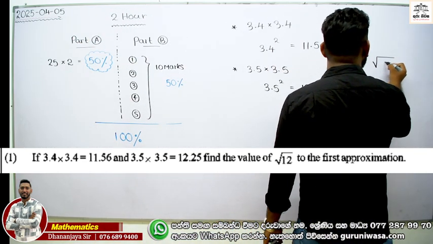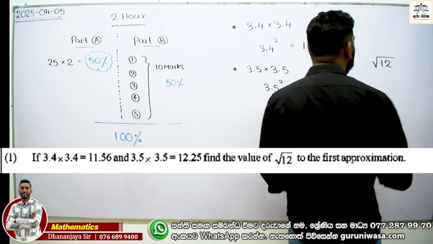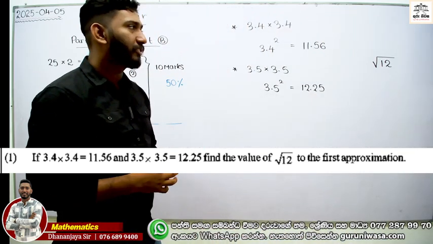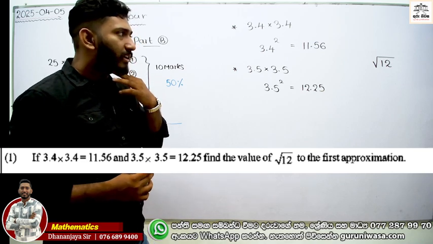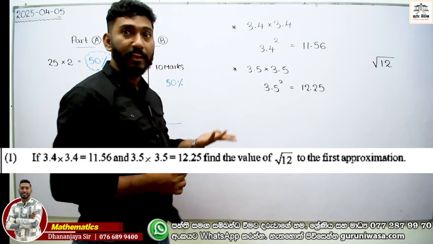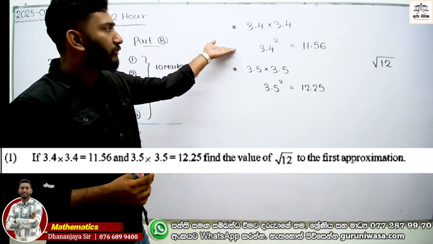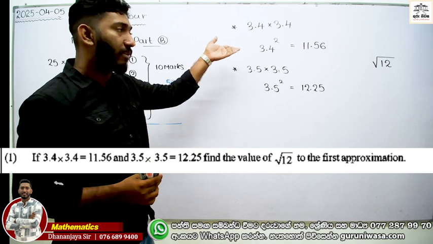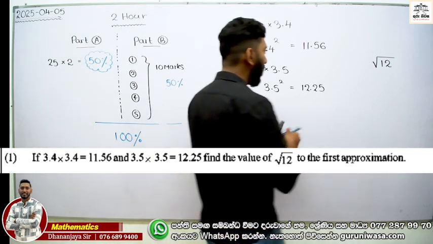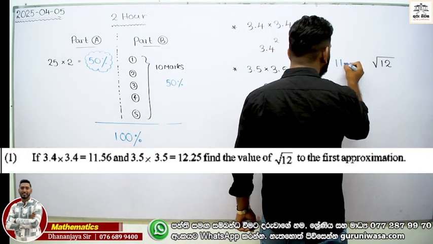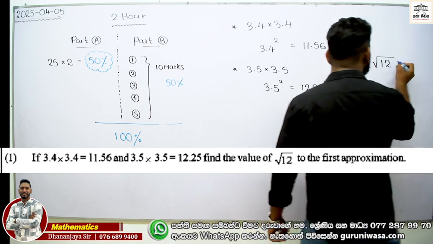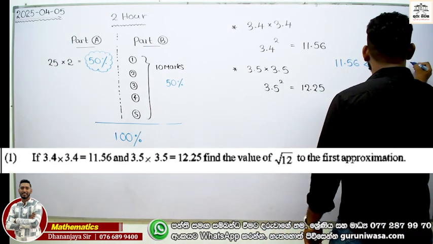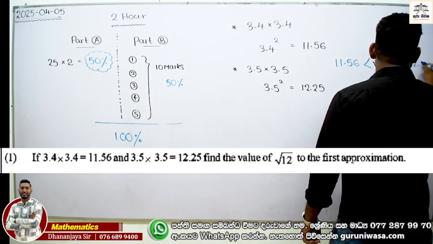You know this is the first approximation, right? What is the method? You have to get the values less than 12 and greater than 12. The first one, less than 12, is 11.56, and the one greater than 12 is 12.25.